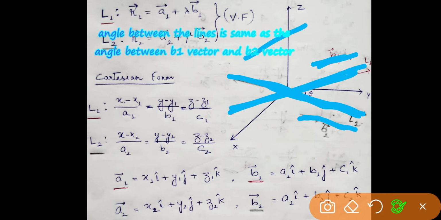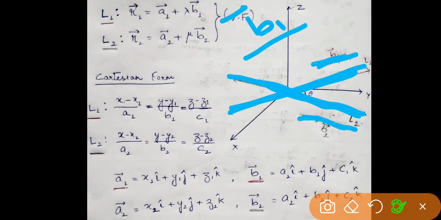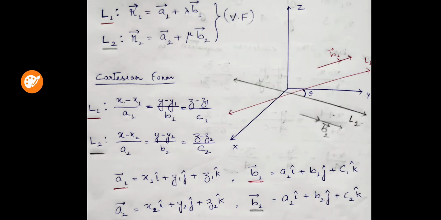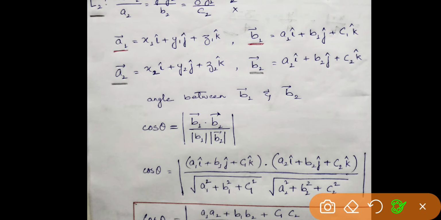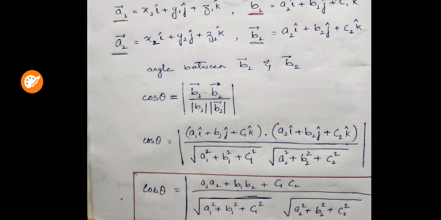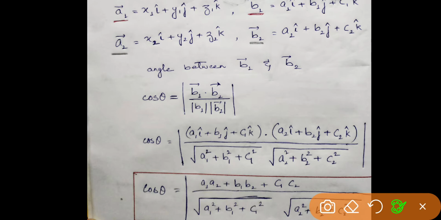So I'll be finding the angle between b1 and b2. If this is theta, this angle will also be theta. So I'll take the dot product, because if I want to find the angle between two vectors we use the dot product, that is cos theta. I said that we will be finding the angle between the parallel lines, so the parallel vectors are b1 and b2. So cos theta, from the vectors chapter you know that I can write it like this.